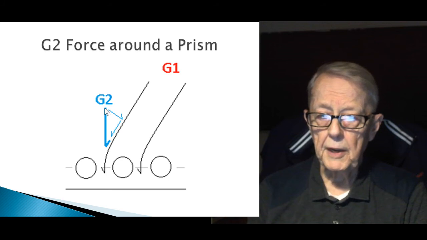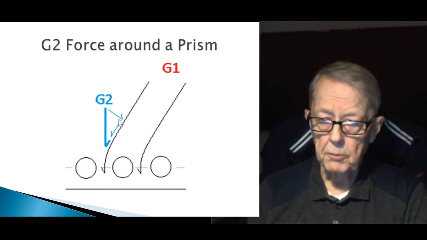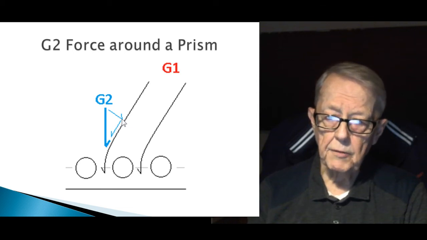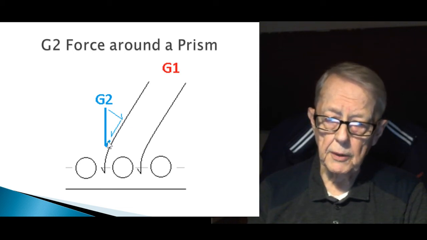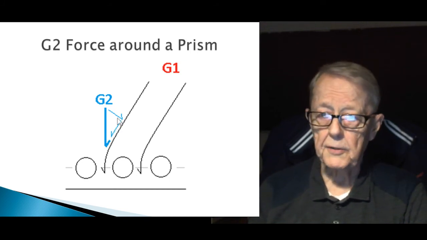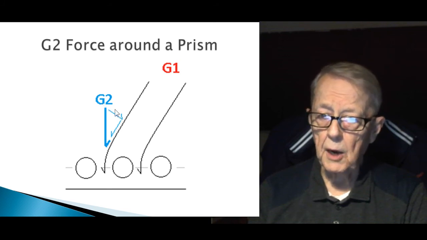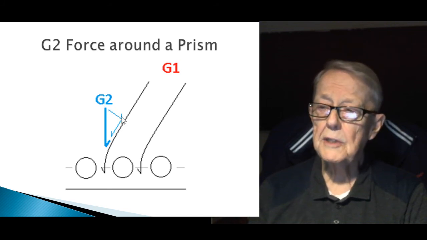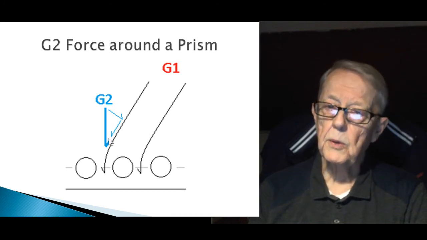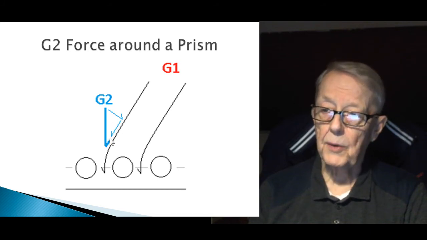You go from the tail of this force vector perpendicular to the light, and then you go from the point of this one to the point of that one as a second vector. This component of force causes the light to turn, but this one causes it to accelerate.